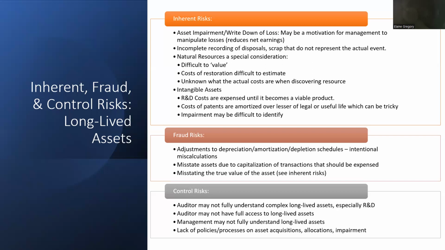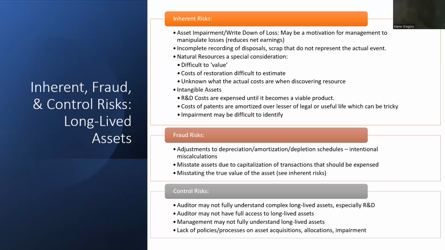There may be costs, for example, in mining or mineral extraction or coal extraction, where they have to do a lot of soil testing to determine what value of a resource they may or may not have there. So we don't know going in how much testing or how many costs are going to be associated with that.